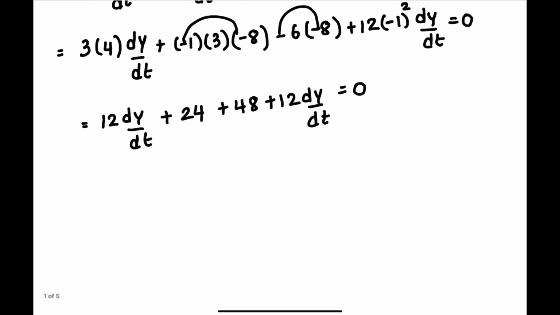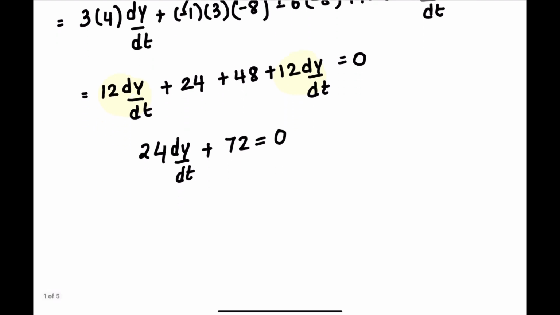And now you see, I can combine my dy by dt's. I have 12 and 12. That gives me 24 dy by dt, plus 24 plus 48 is 72, is equal to 0. Now all I'm doing is solving for dy by dt.